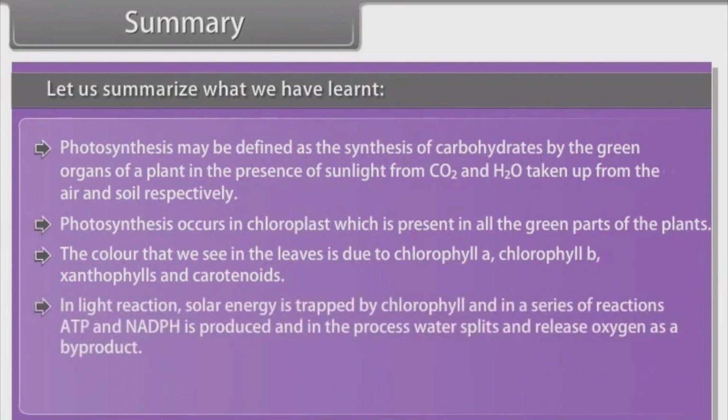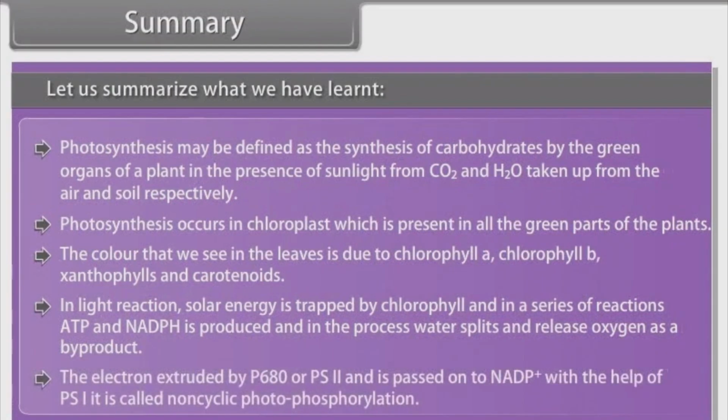In the light reaction, solar energy is trapped by chlorophyll, and in a series of reactions, ATP and NADPH are produced, and in the process, water splits and releases oxygen as a byproduct. The electron extruded by P680 or PS2 is passed on to NADP+ with the help of PS1.